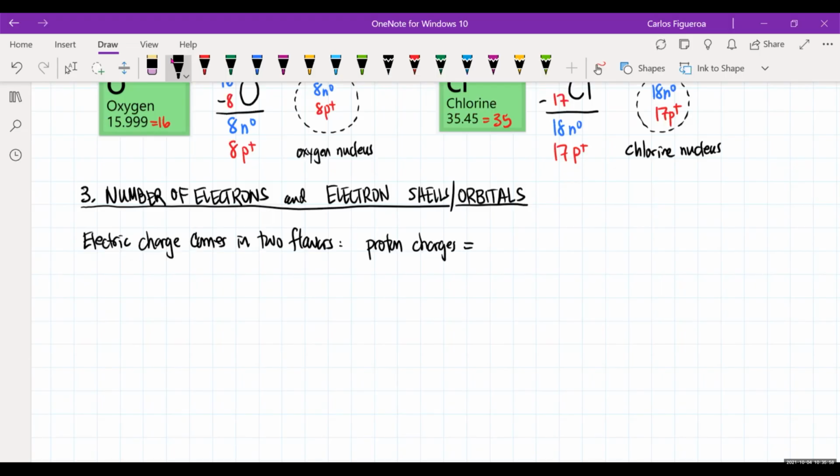And what we call proton charges, we call it a +1. And that's the reason why I call that P+. And when I look at electron charges, we find that this is -1. And that's why for the electron, I write a minus.